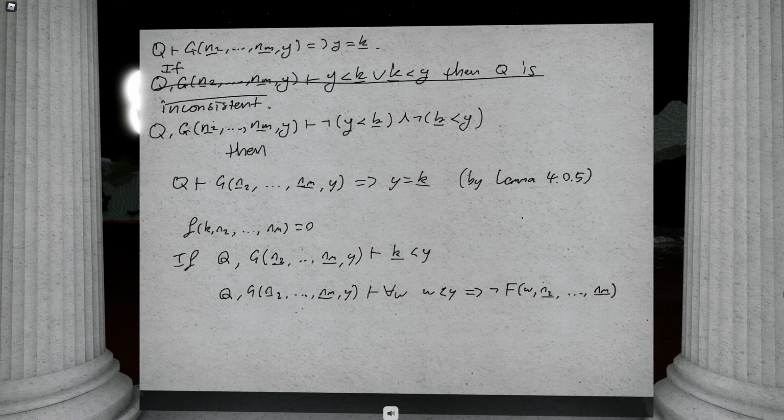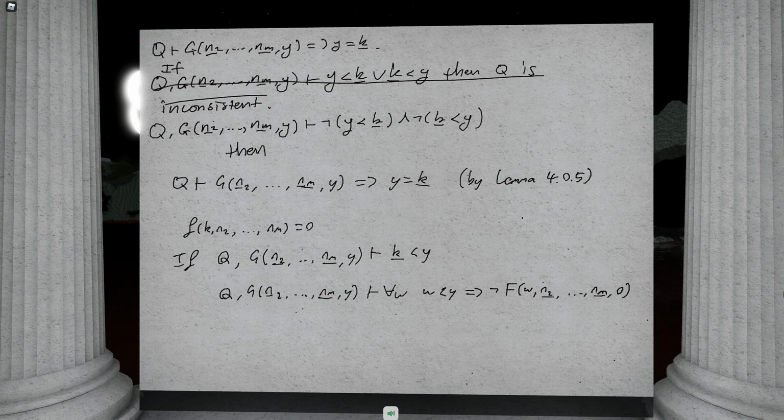And then you need a 0 at the end there as well: W, N2 underline, up to NM underline, 0. Cool. Okay, so now the point is that we know for all w less than y implies it's not the case that f of blah, blah, blah evaluates to 0.